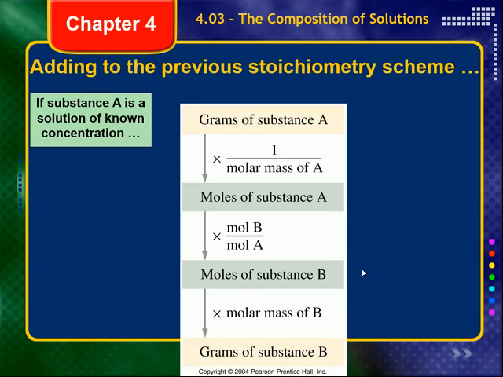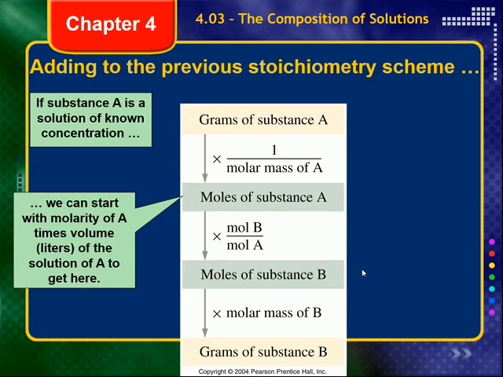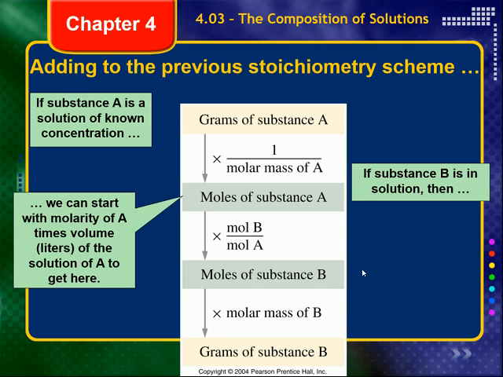If substance A is a solution of known concentration, we can start with the molarity of A times the volume of solution of A to get moles of substance A. Then we can convert into moles of substance B, and then go from the moles of substance B to either volume or molarity.